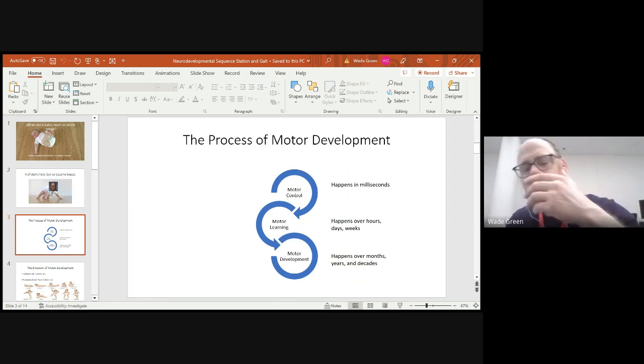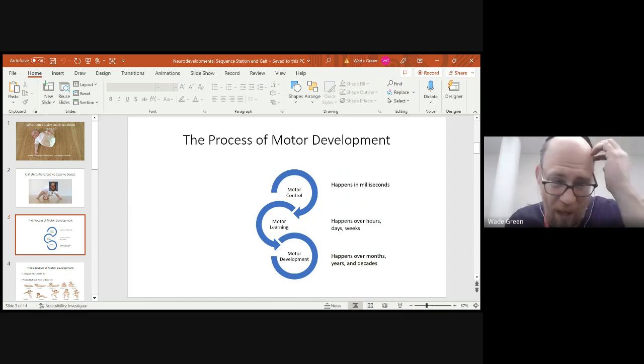Conversely, when we talk about motor learning, that happens over a longer period of time, very often days, weeks, and even years in some cases. Motor development, as we continue to grow, takes place over months or years.